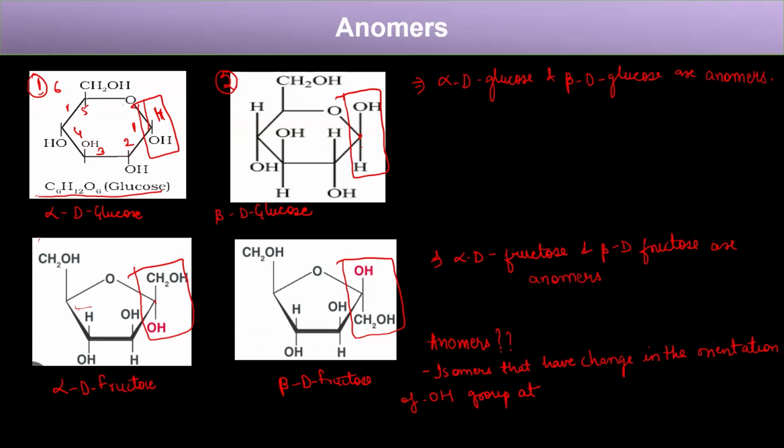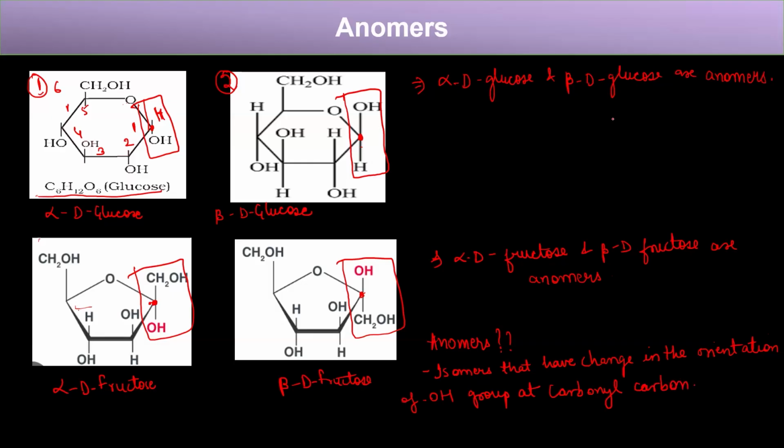It is present at a particular carbon position. And what is this carbon position? This is the carbonyl carbon, right? From the previous slide, these are the carbonyl carbon. So anomers are the isomers that have a changed orientation of the OH group at the carbonyl carbon. Okay, so these are anomers.